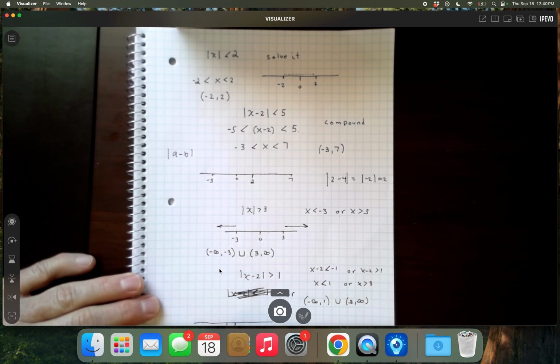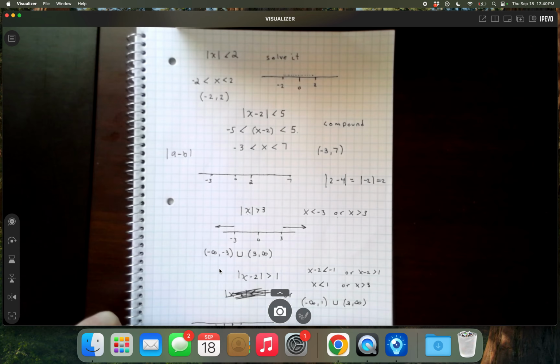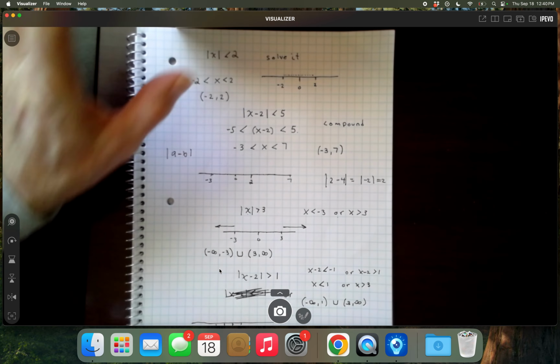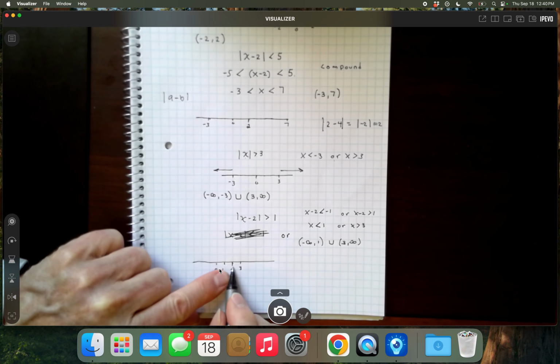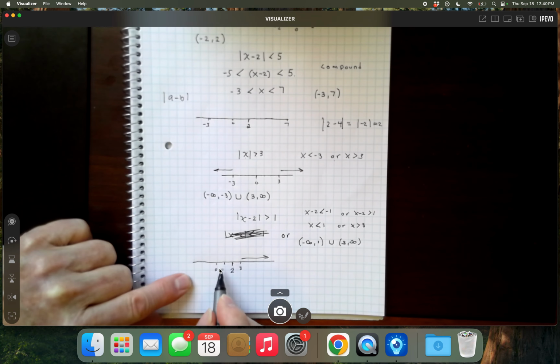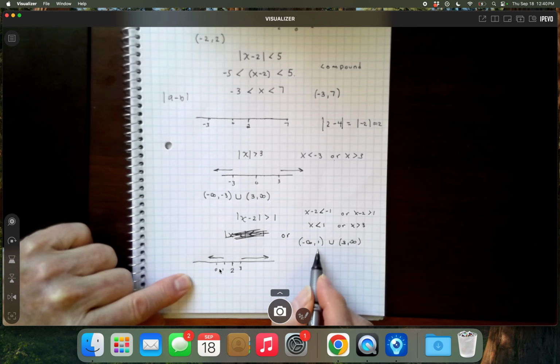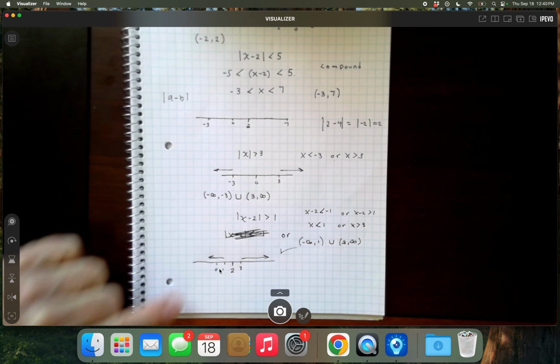Here's 1. Here's 0. Here's 3. If you're more than 1 unit from 2, you are over here, you are greater than 3, or you're to the left of 1.